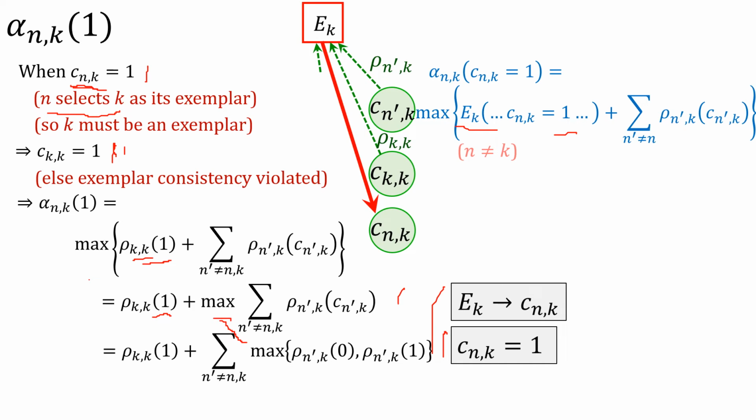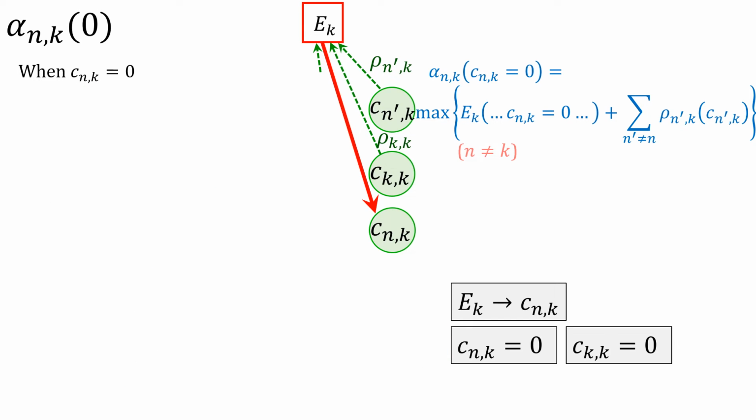Instead of doing the global maximization, I am doing maximization locally over each cn'k. So I'm considering both situations, when cn'k equals 0 and when cn'k equals 1. So let's remember this expression for alpha nk1.